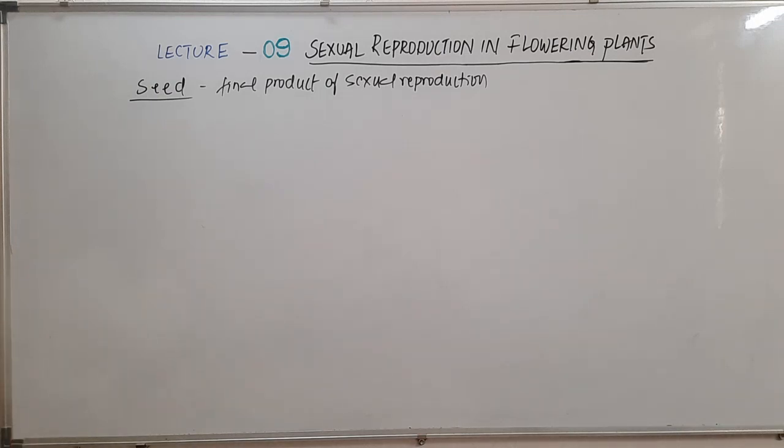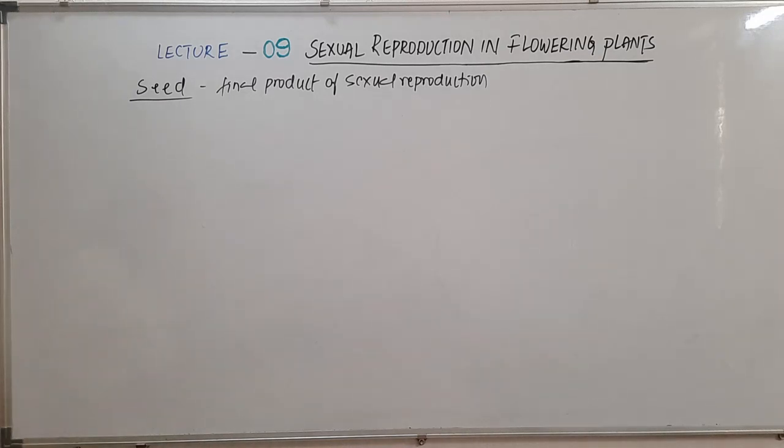This is as I'm discussing especially with the flowering plants. In other groups of plants also, after sexual reproduction, the final product will be the seed. So in flowering plants also, the seed is the final product of sexual reproduction.